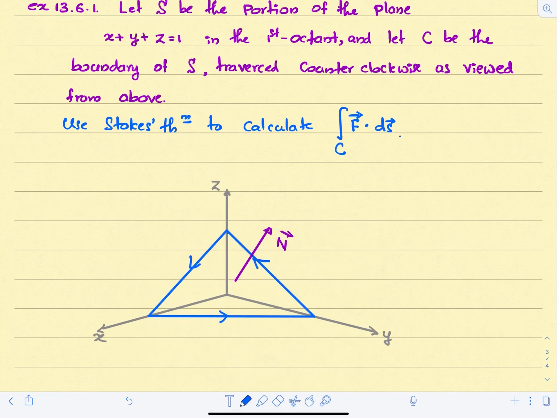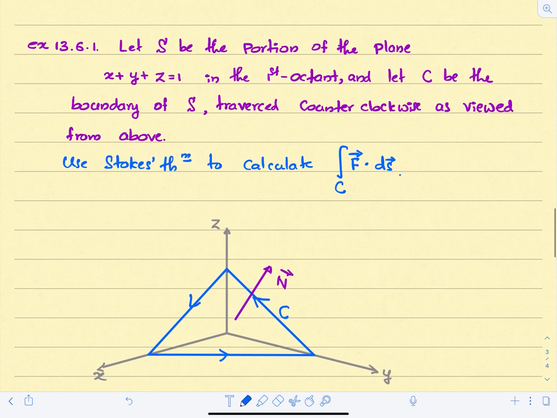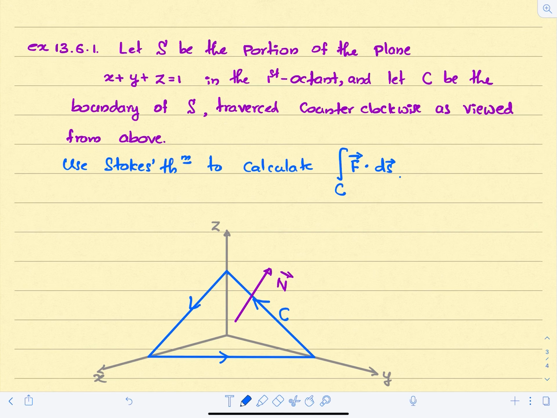This is your curve C, and we have a vector field F. Oh, I forgot to give you the vector field. Use Stokes theorem to calculate the line integral of F dot ds. Let's complete that, where your vector field F equals negative 3/2 y squared, minus 2xy, yz.